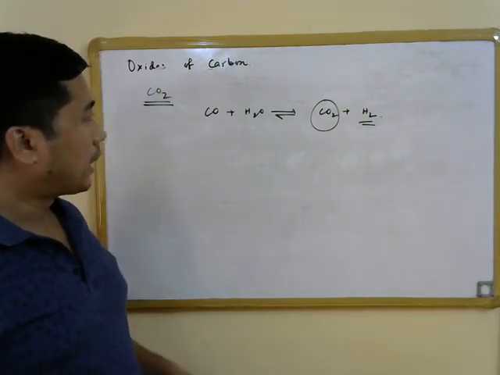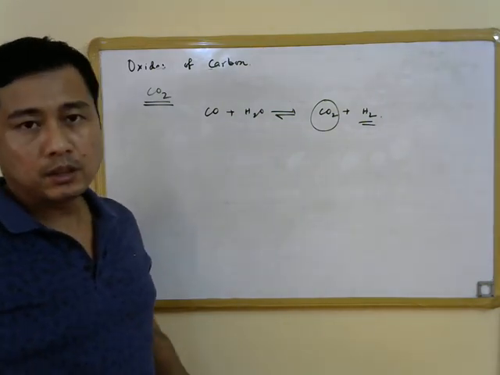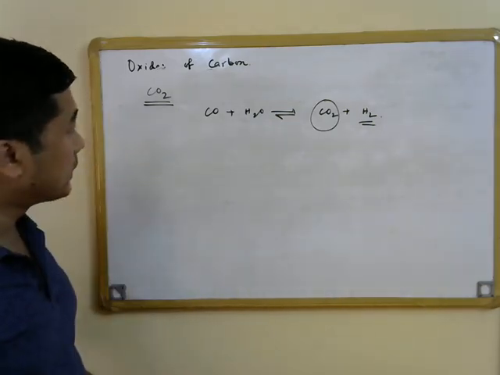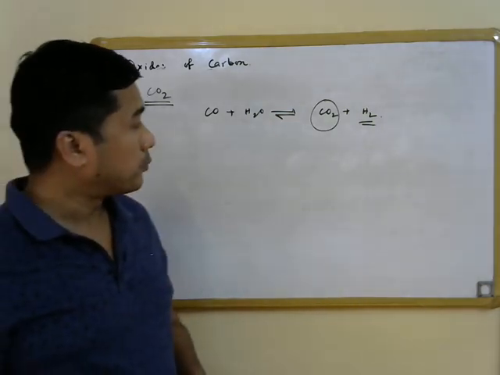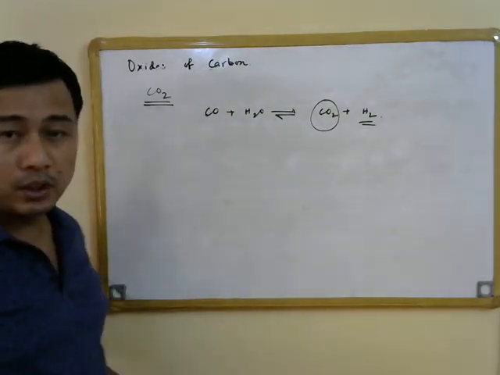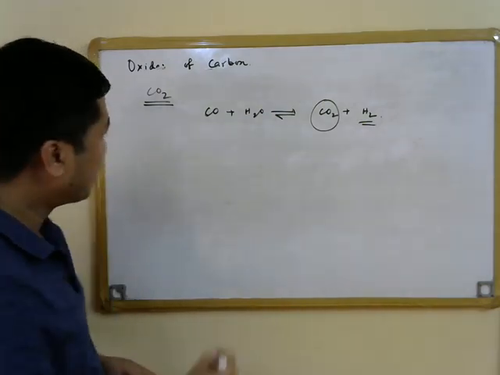Another important method where carbon dioxide is produced is during the fermentation process of sugars essentially.